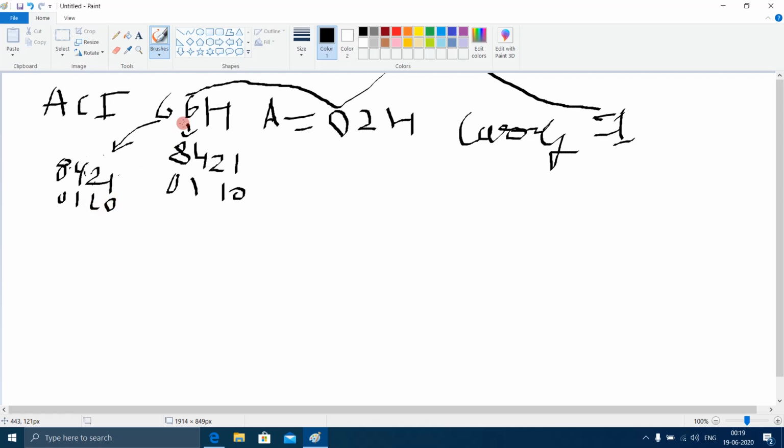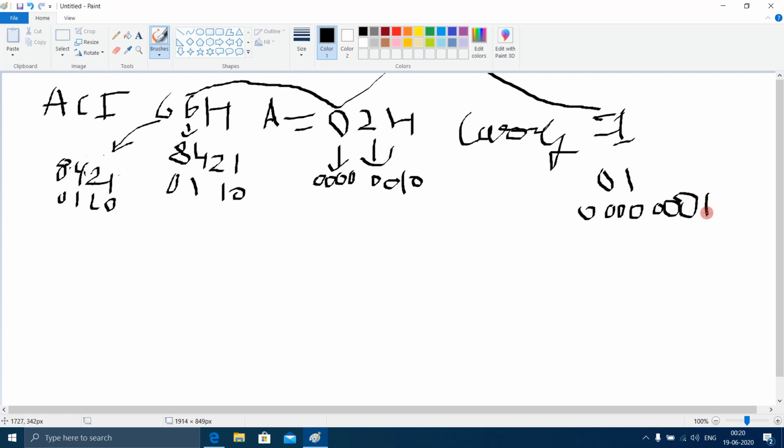So this is 66. 0 1 1 0 0 1 1 0 is 66H, and for 02 it is 0 0 0 0, and 8421, which is 0 0 1 0. And for carry, which is 1, of course, it will be 0 0 0 0 and 0 0 0 1.